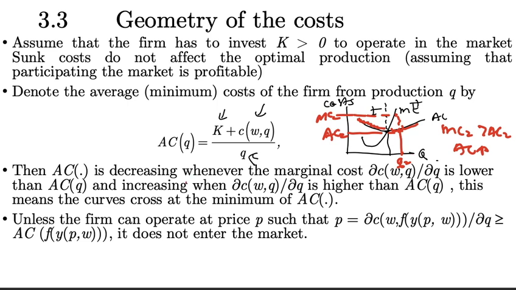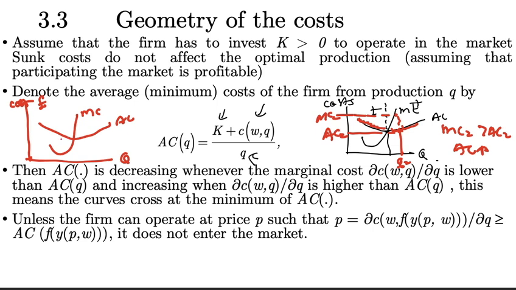So look at the last point here. Unless the firm can operate at price P such that P equals the derivative of the cost function with respect to output, which is greater than or equal to AC, it does not enter the market. So what does it mean here is that, let me redraw the curve again. So if we have Q here, we have cost or money here. Then you have MC here, you have AC here.